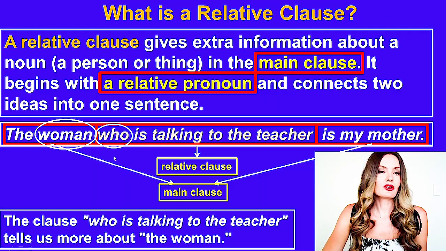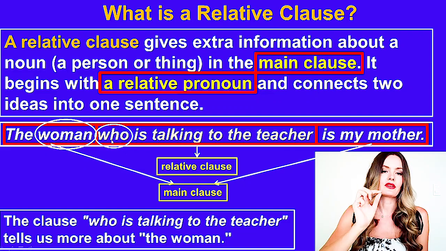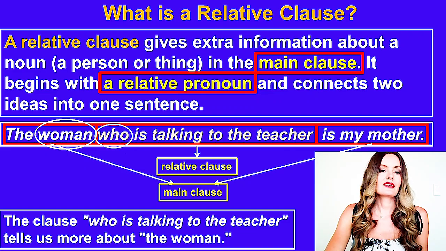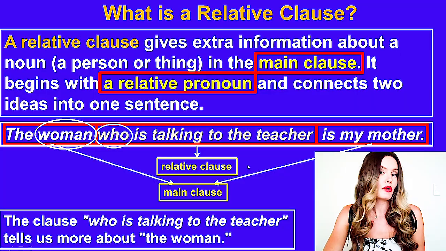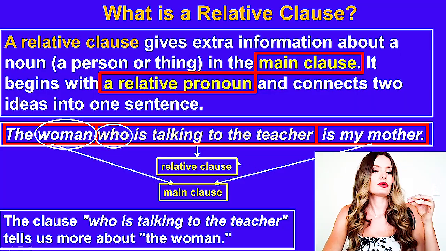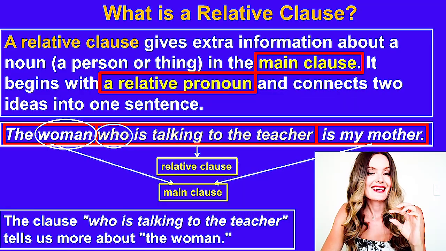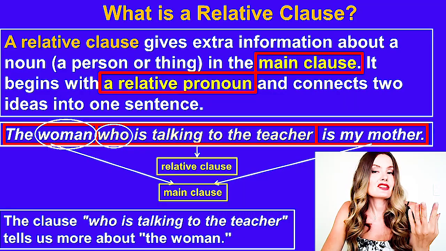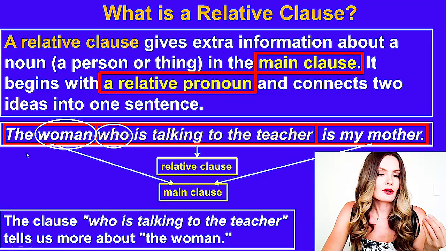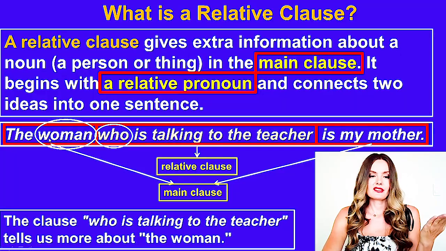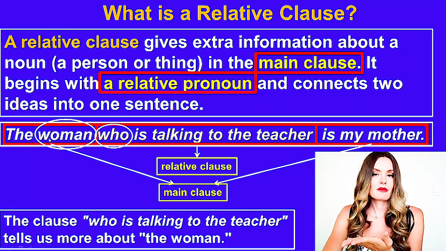So the relative clause begins with a relative pronoun, as in this example it's who, and connects two ideas, the woman is my mother and who is talking to the teacher, into one sentence. And it gives us extra information about a noun in the main clause. So this is the main clause, the woman is my mother.